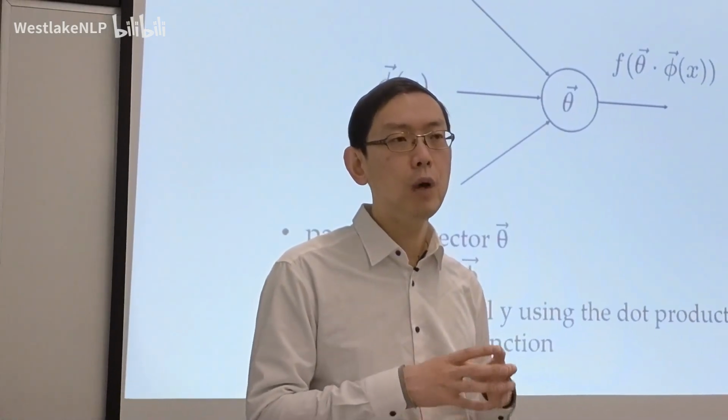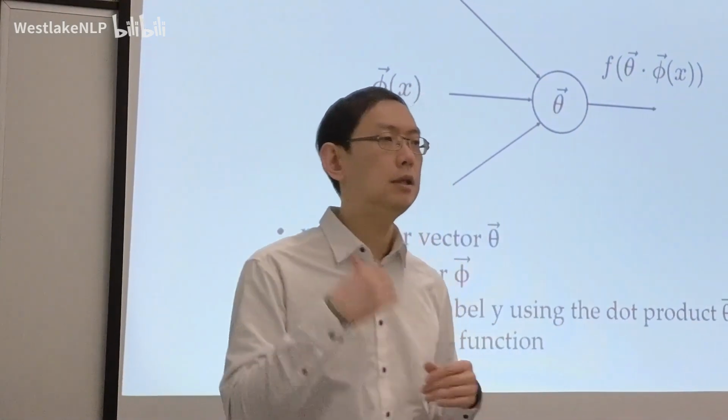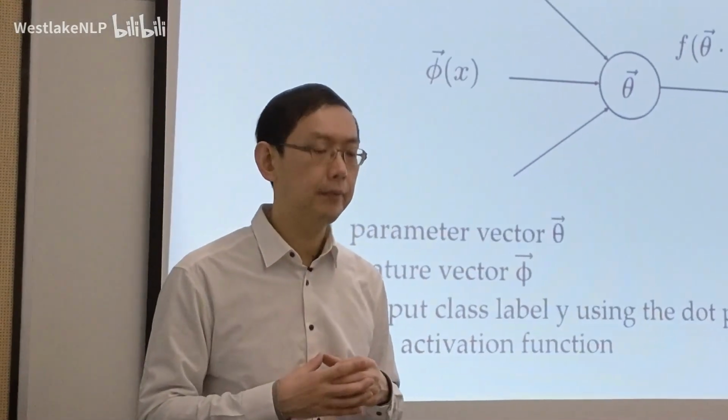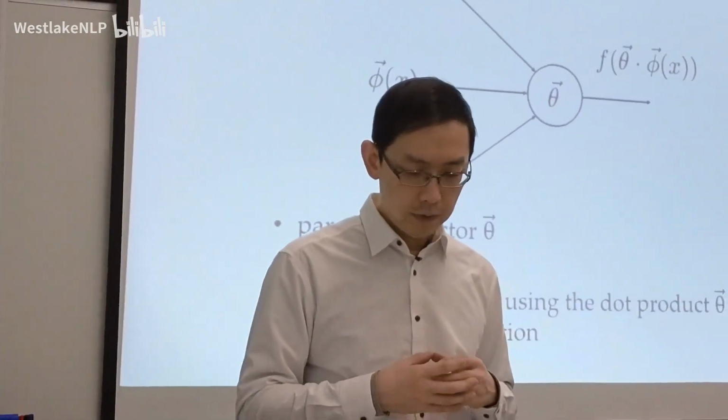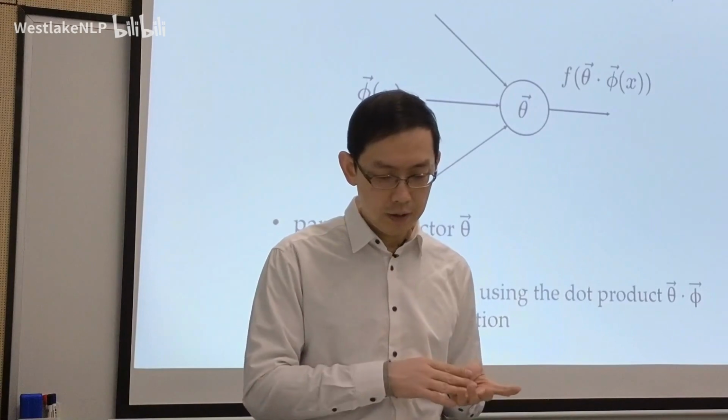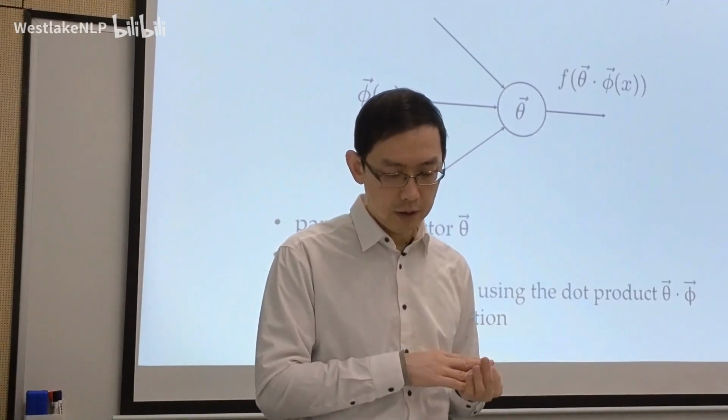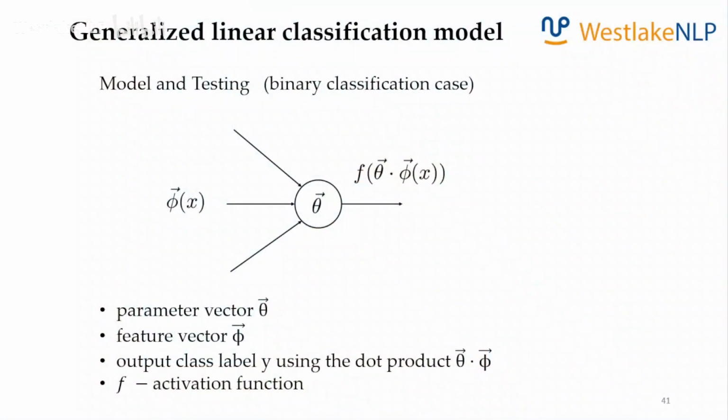But they are just one layer neural networks instead of multiple layers. We have a parameter, we have a feature vector, we have an activation function, and we have an output class. Take the binary case, it's just a class of 0 and 1 with the sigmoid activation function.